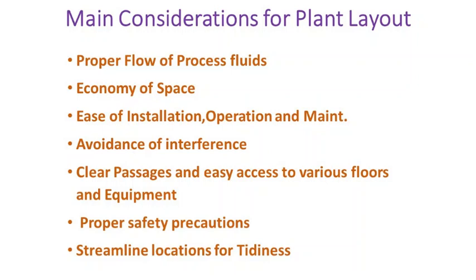Now let us focus on power plant layout. If we see the layout, there are basically 3 kinds of layout pattern. First one is site layout, then station layout, and main plant layout.